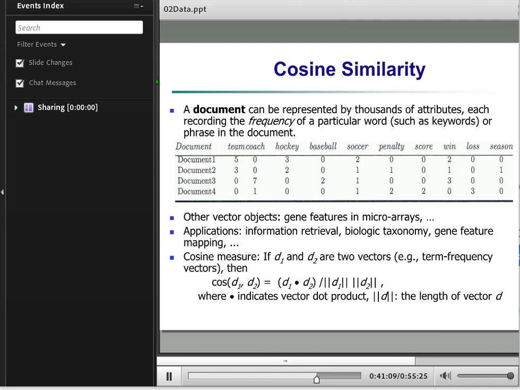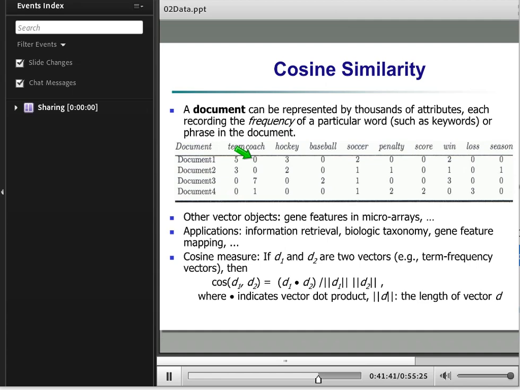So again, for each document, I create a matrix like this. For example, for document 1, I should count the number of those keywords in document 1. For example, in document 1, the word team has been repeated 5 times.